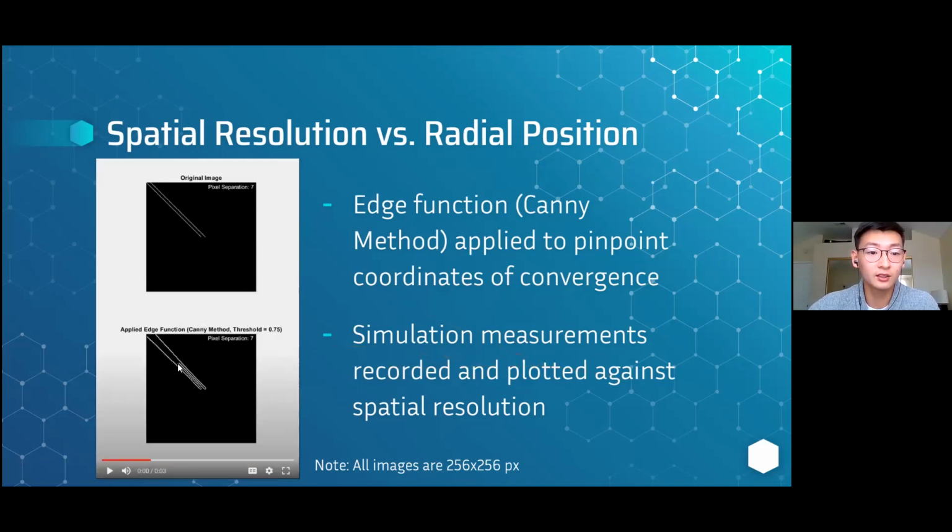So we went ahead and took each of these points here, and then we plotted them. We plotted their radial position against the corresponding spatial resolution to generate a function between spatial resolution and radial position.